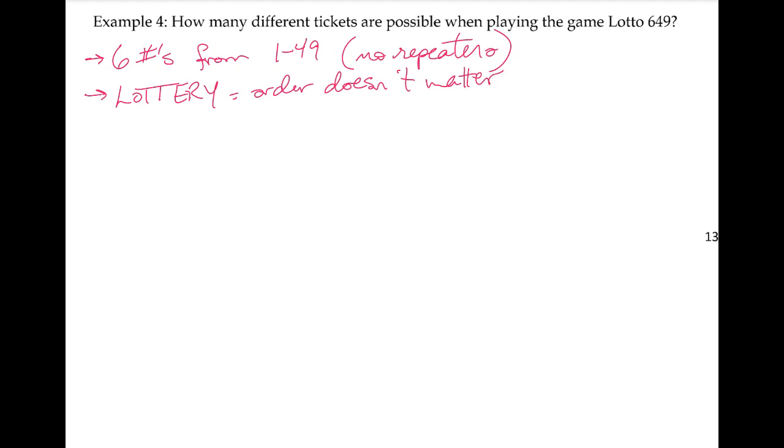Okay, so just a couple notes there. Again, 1 to 49, so we have a choice of 49 different numbers, and we are choosing 6. I'm going to use the button on my calculator that lets me type this in, but in case you don't have that, I would put this into the formula as 49 factorial divided by 6 factorial times 43 factorial, and then I would calculate it.